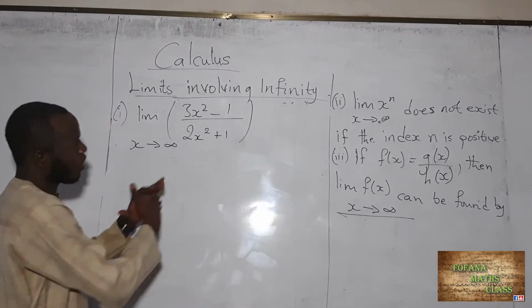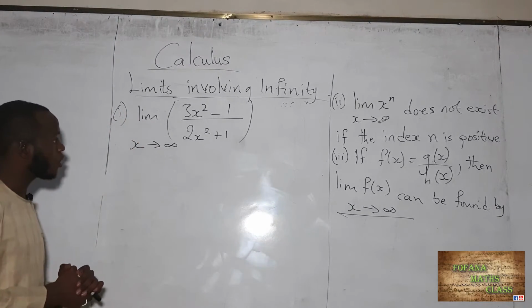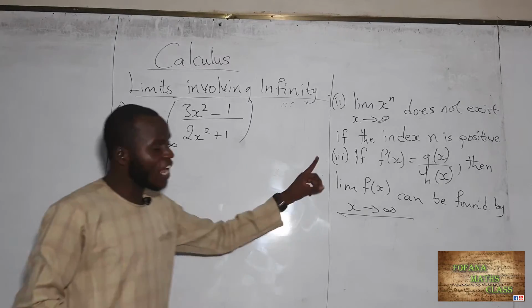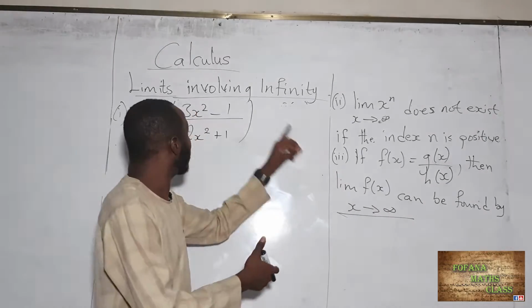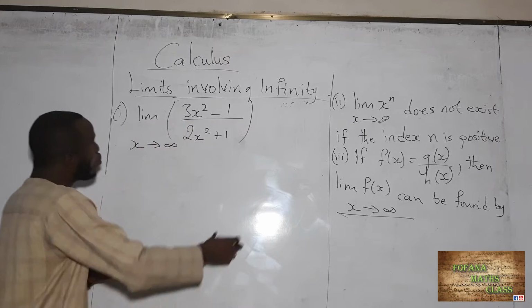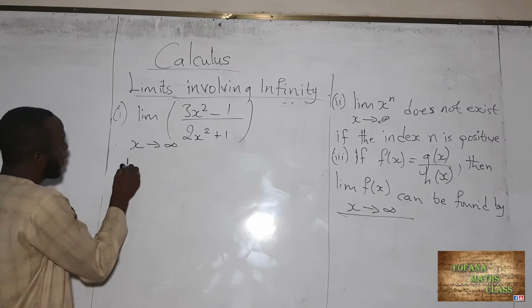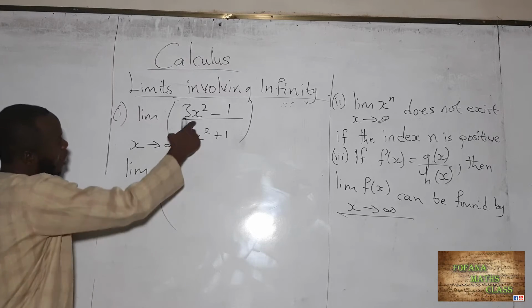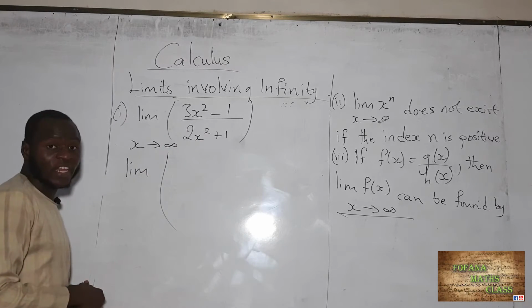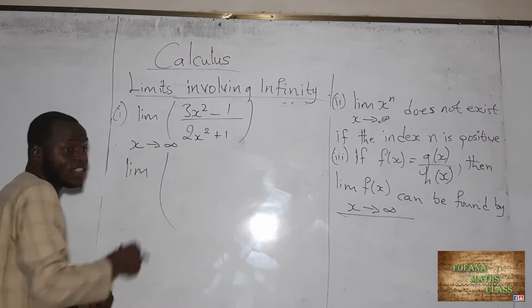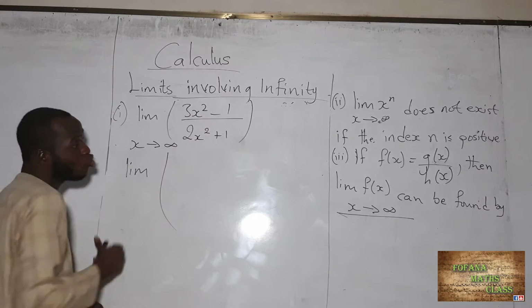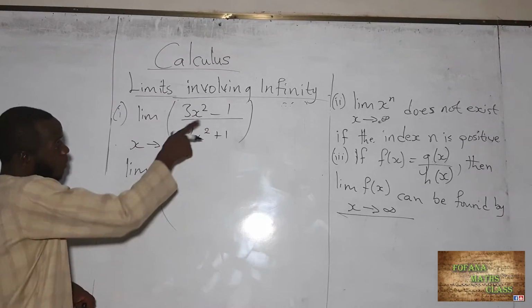Now we have a very simple example on the board. Per the third rule for limits involving infinity, we divide the whole expression by the highest power of x, the x with the highest degree. In this case, it is x squared.